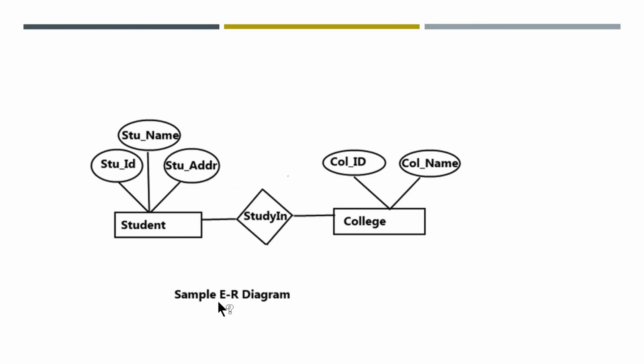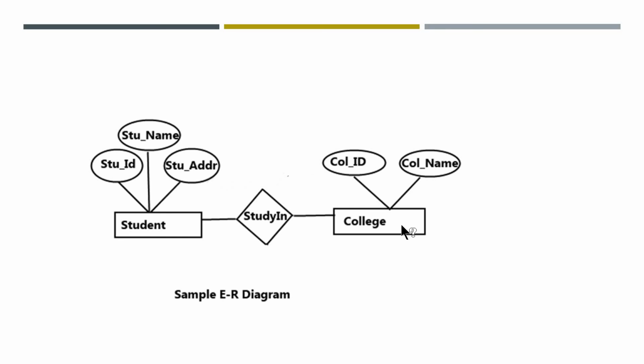Now let's see a sample of an ER diagram or ER model. We have two different entities here. One is student, the other one is college. In the student entity, there are three attributes available. One is student ID, name, and student address. All three are connected to the student entity.